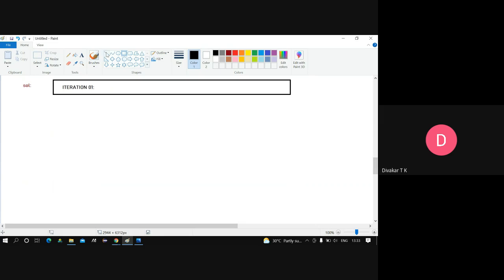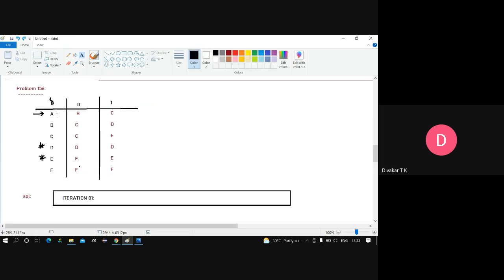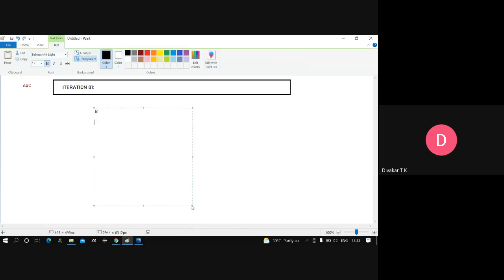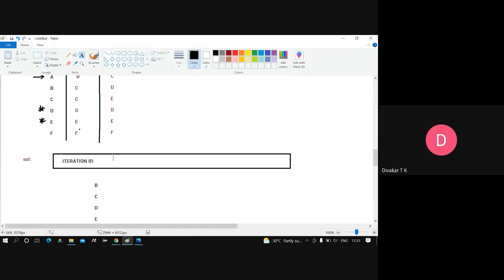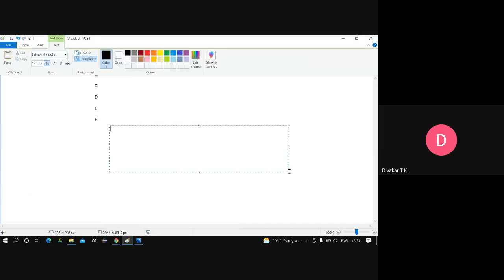First, this is a special table here, which we call the table filling algorithm. It's very easy to write down. First, leave the first state, which is A. Vertically you write until F, meaning B, C, D, E, F. Horizontally you leave F and write until E: A, B, C, D, E. Very simple.